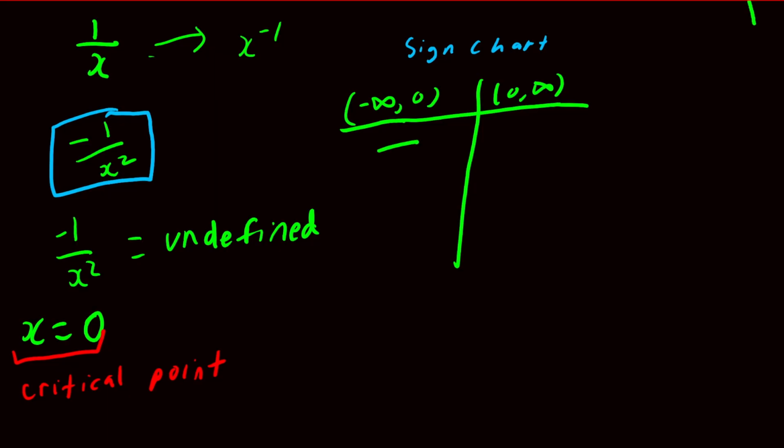And then a big positive number, 100 billion, again, it would be negative. So what does that mean? It means that this function is decreasing everywhere where it's defined, right? So how I would write that is: the function is decreasing everywhere.